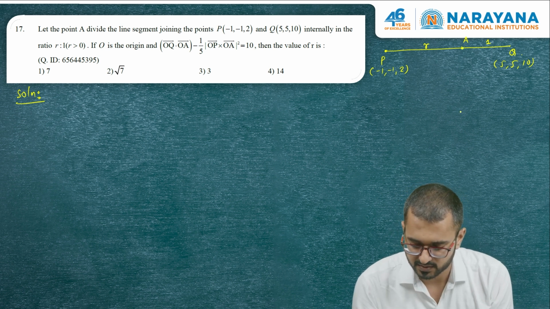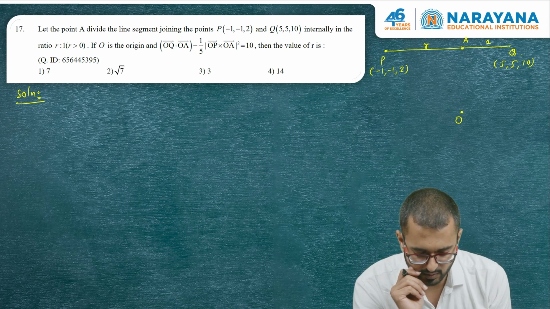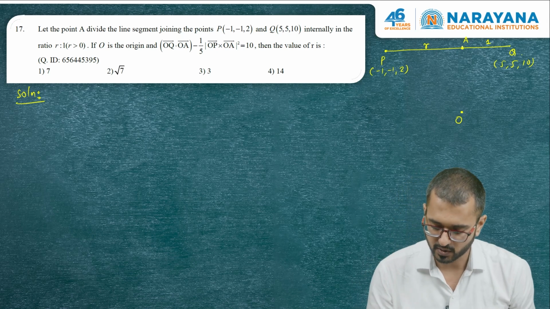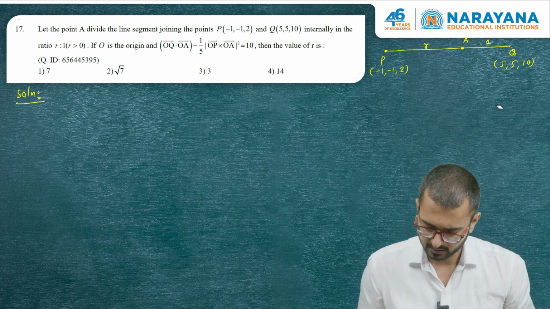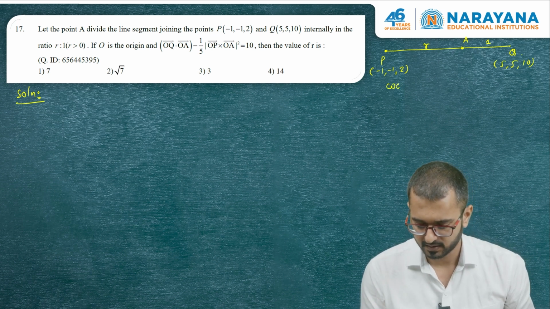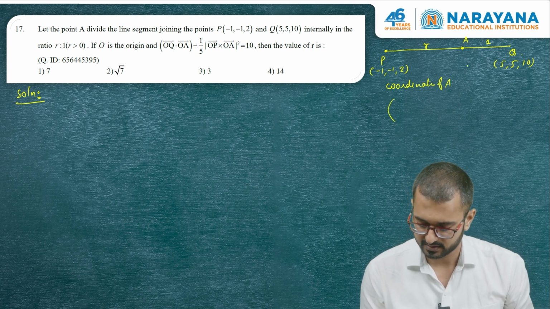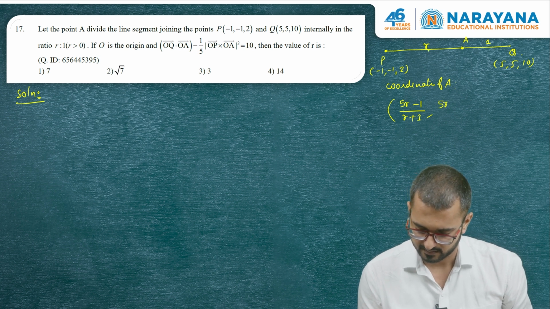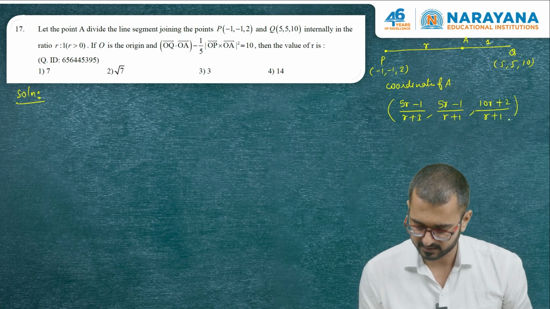And if O is the origin, so say from here O is the origin and they have written OQ dot OA, that means we first find out the coordinates of A. So let's write down the coordinates of A. Using the section formula, I'll be having (5r minus 1)/(r plus 1), comma, (5r minus 1)/(r plus 1), comma, (10r plus 2)/(r plus 1).